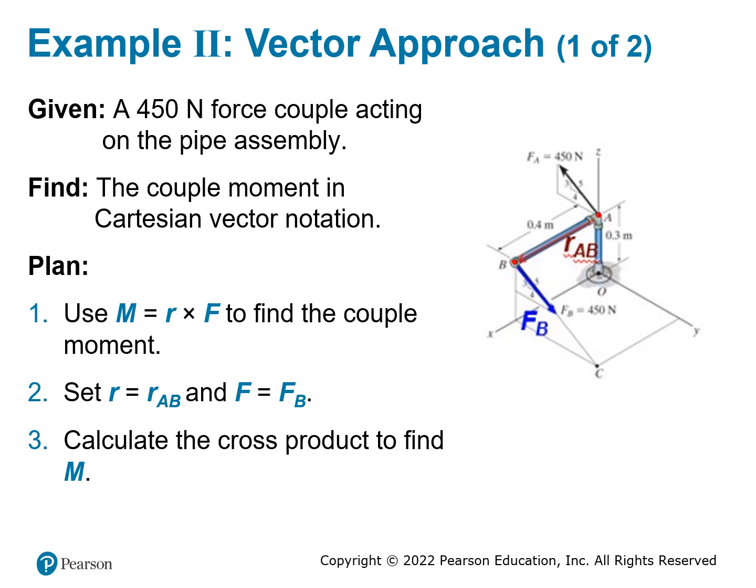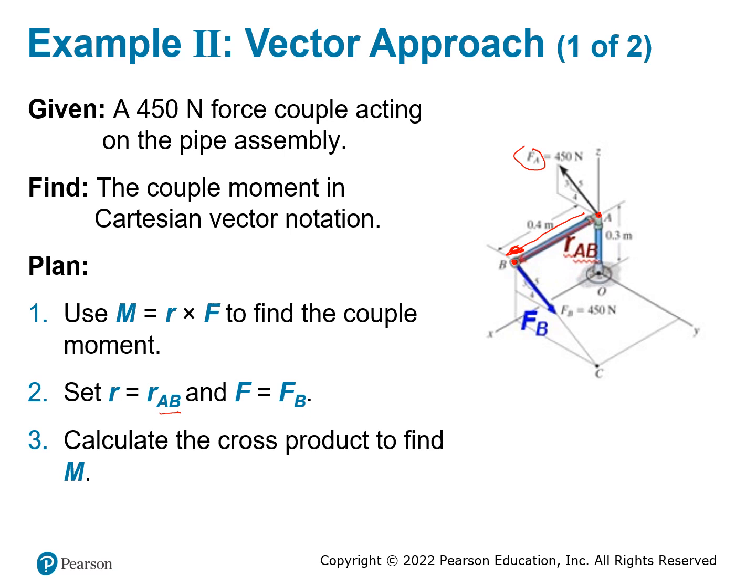We first define what the r is from one point to the other. So if you define this r to be from A to B, this is your r. And you have two forces, right? You're not going to use F of A because F of A goes through this reference point.